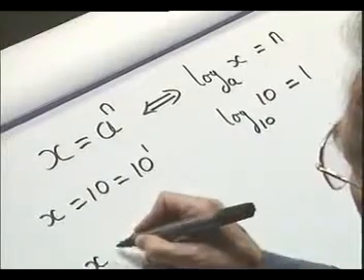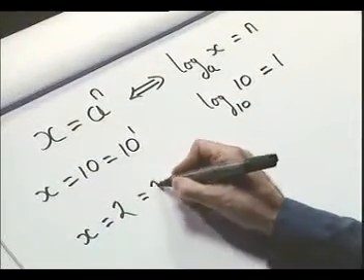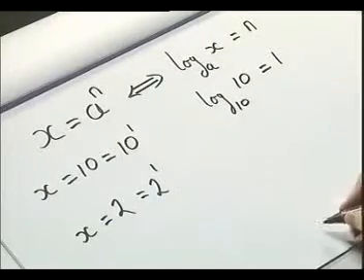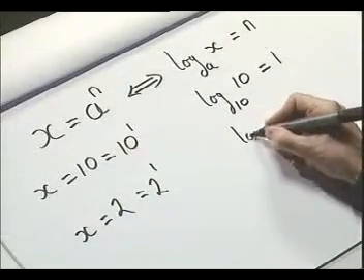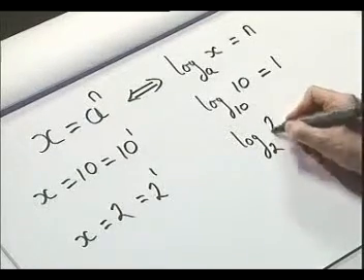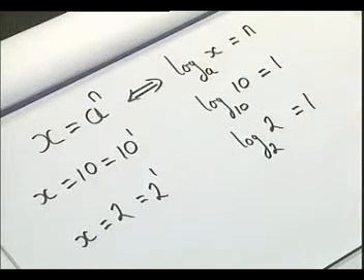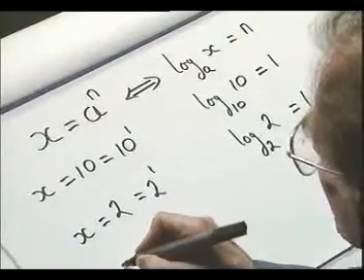Similarly, if x was equal to 2, then 2 is just 2 to the power 1. And so if I take the log to base 2 of 2, again, that's just 1. So let's make that general.